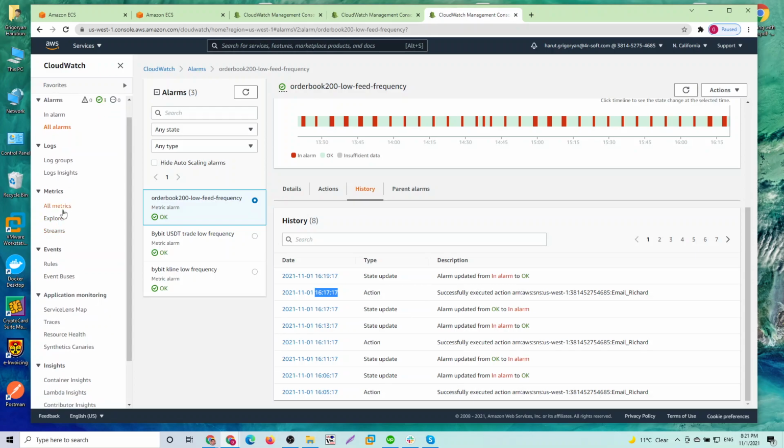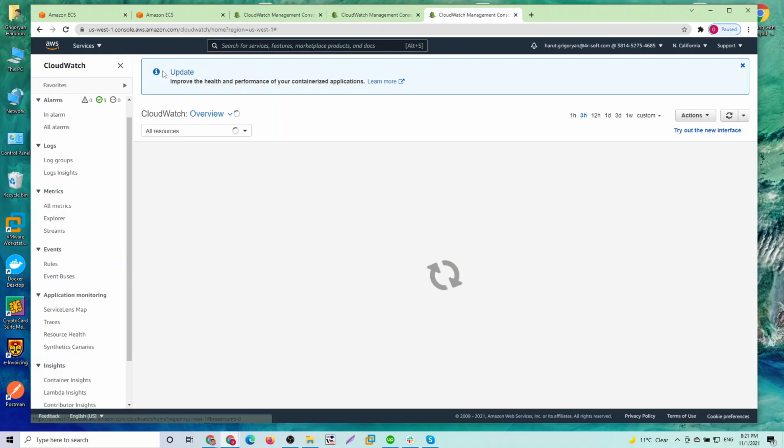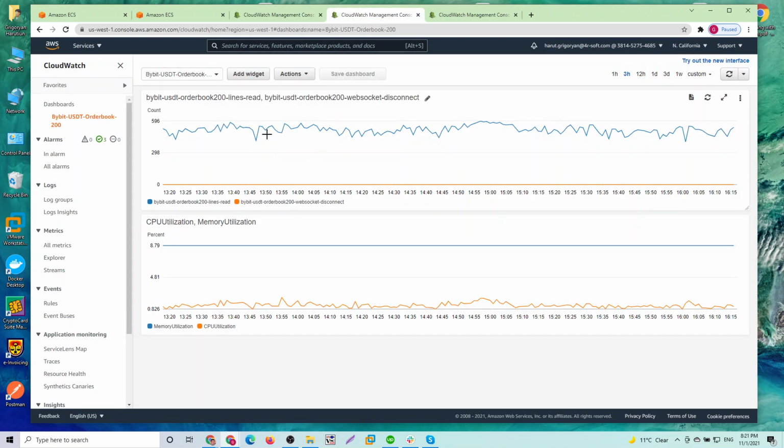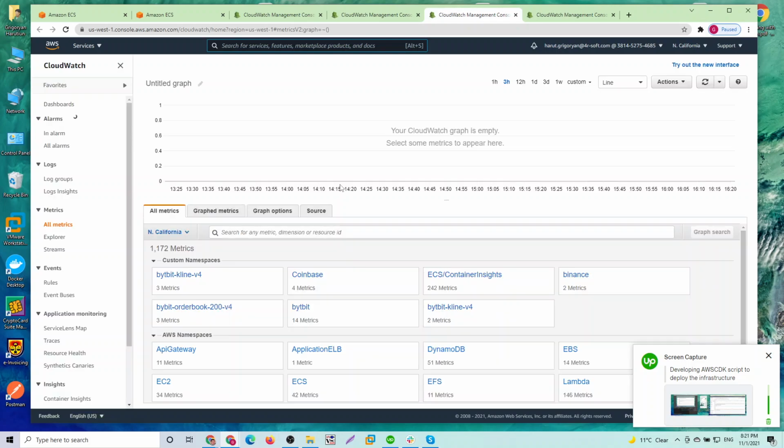Yeah, and for visualization in CloudWatch, for things that we see in the dashboards, we utilize these metrics, which actually are generated from the logs that we get.